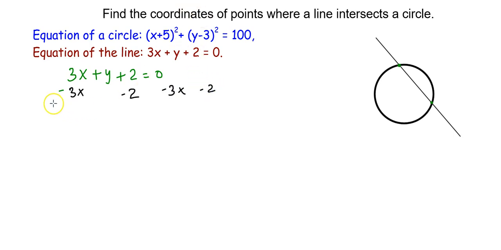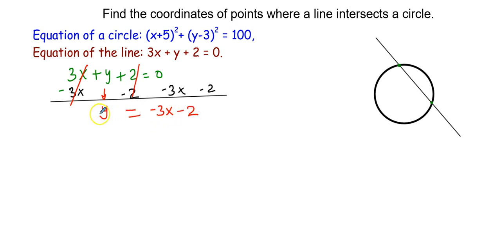So we get, on this side, the 3x and 3x got cancelled, 3x minus 3x. So bring down only that y, and 2 and negative 2 got cancelled, is equal to 0 minus 3x minus 2, which is just negative 3x minus 2.